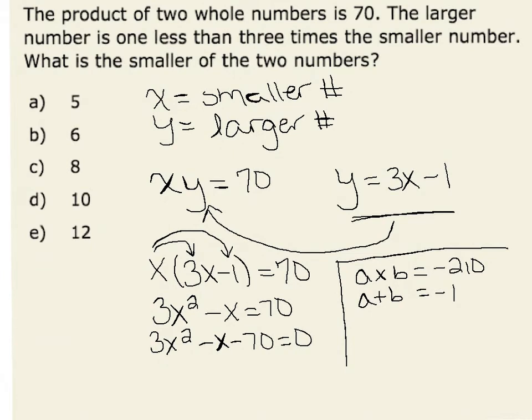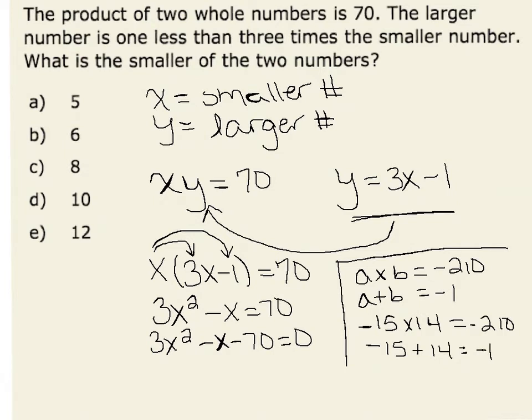This means that my two numbers are going to be negative 15 and a positive 14, because negative 15 times 14 is indeed a negative 210, and negative 15 plus 14 is equal to negative 1.